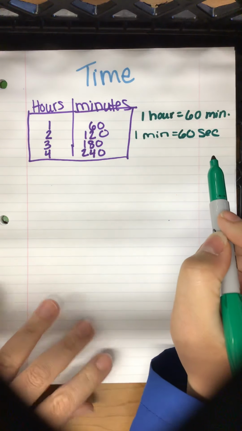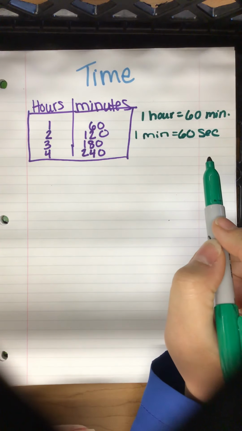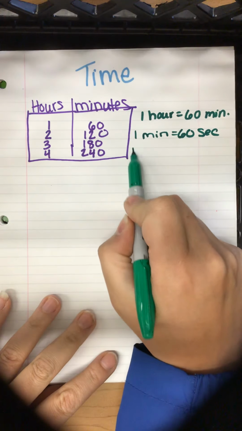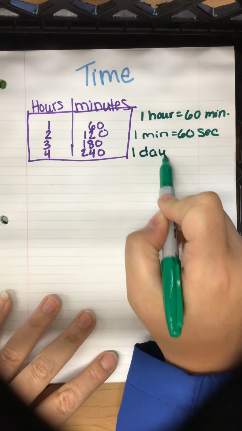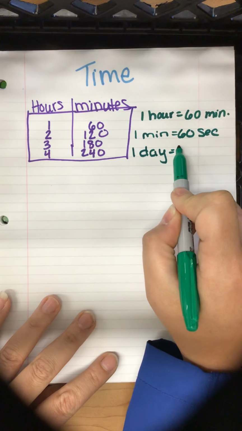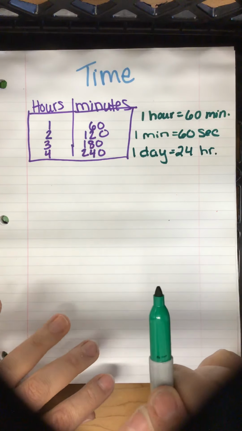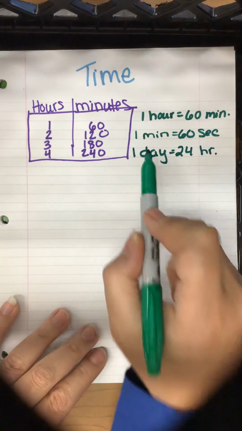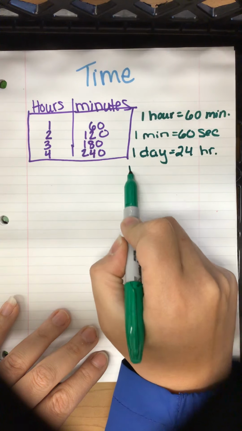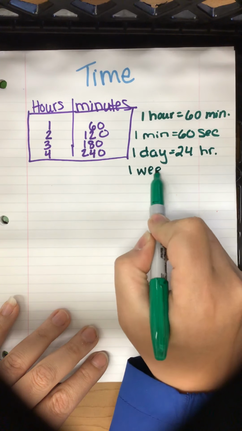And let's talk about the clock in general. Okay? The clock is made up of a day, right? Because a day is 24 hours. Good. Okay, let's talk about that day. How many days are in a week?